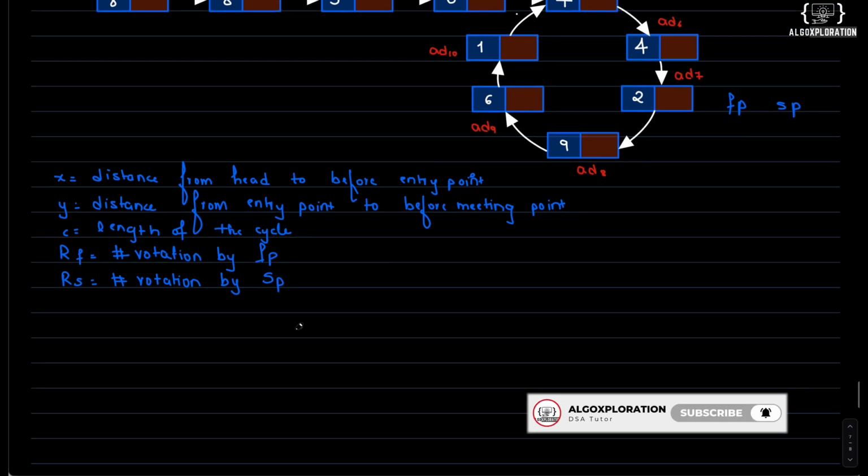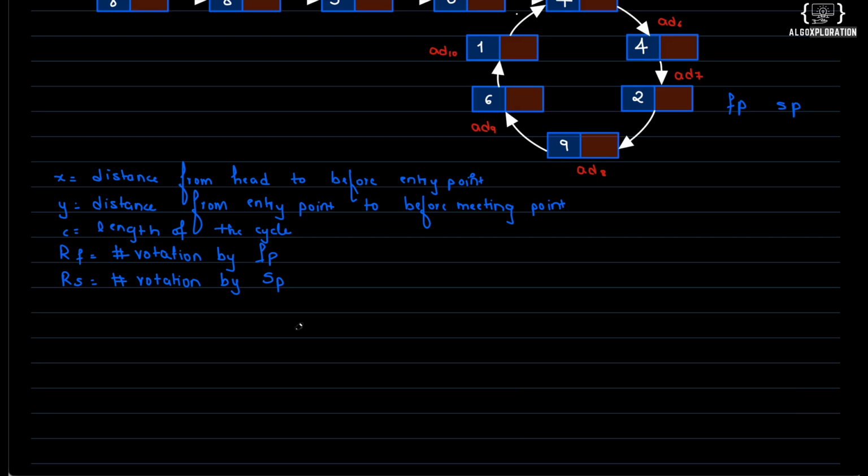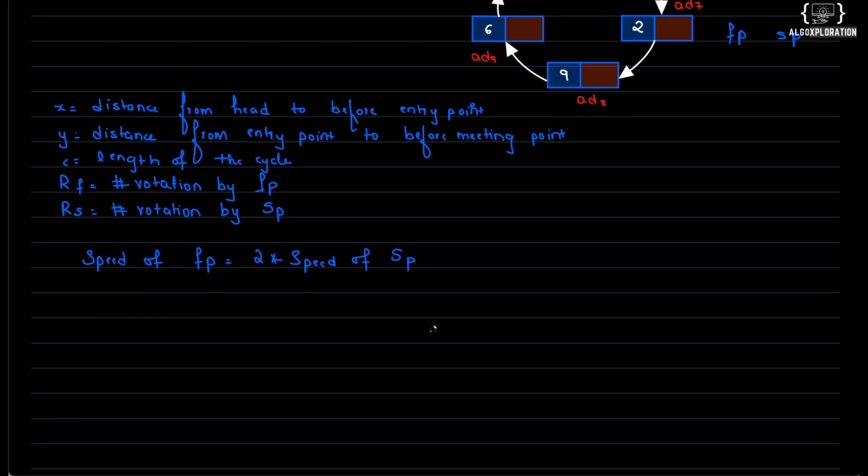Now we know that the speed of the fast pointer is twice the speed of the slow pointer. So let me write this: speed of fast pointer is equal to twice the speed of slow pointer. Just keep this in mind because it will be very useful in the formula. Now let's find the distance covered by the slow pointer and the fast pointer before meeting.